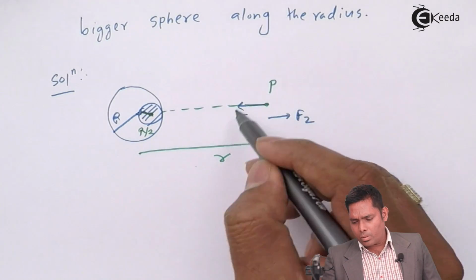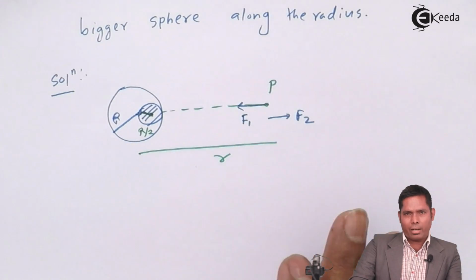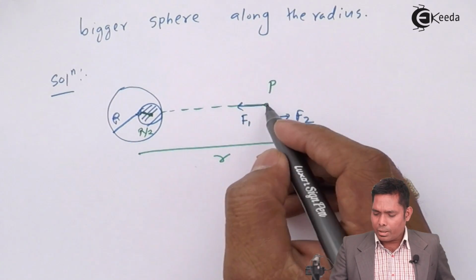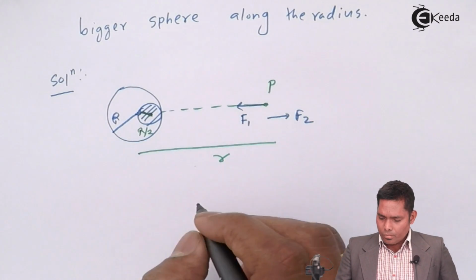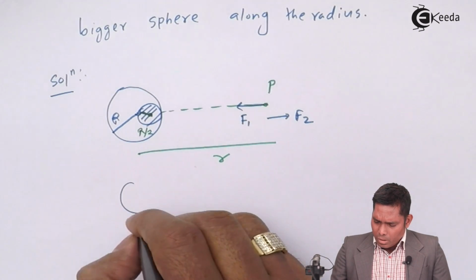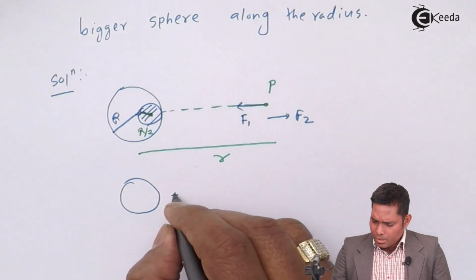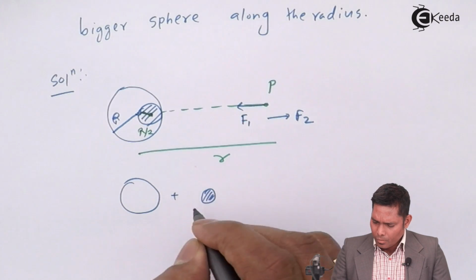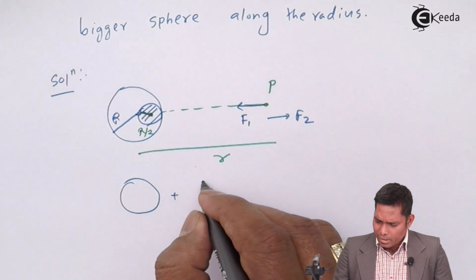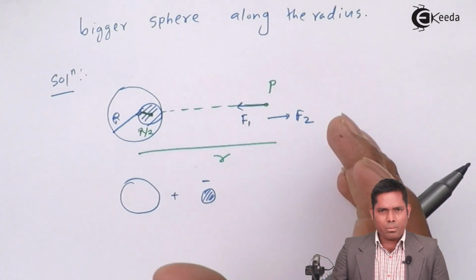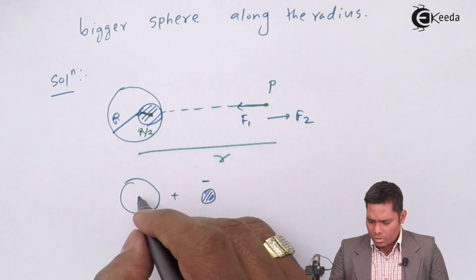The total forces added up will give me the force due to the remaining portion. So the remaining portion is the original mass plus the removed part, which I consider as negative mass, and then I just add up and get the same result.